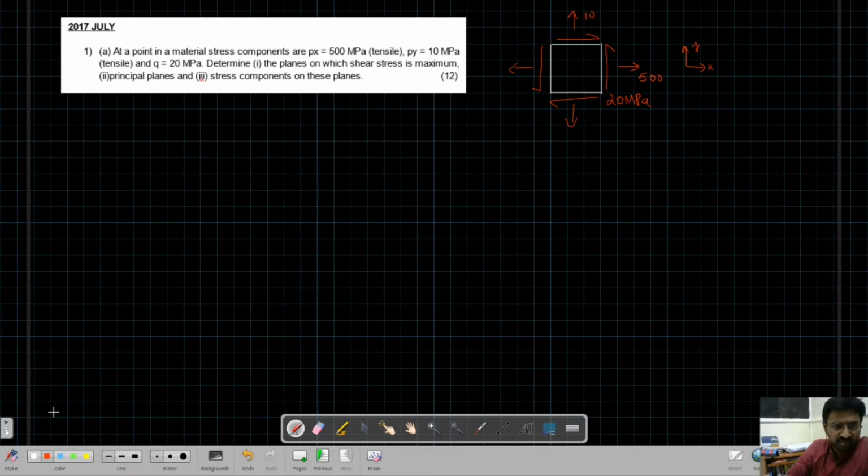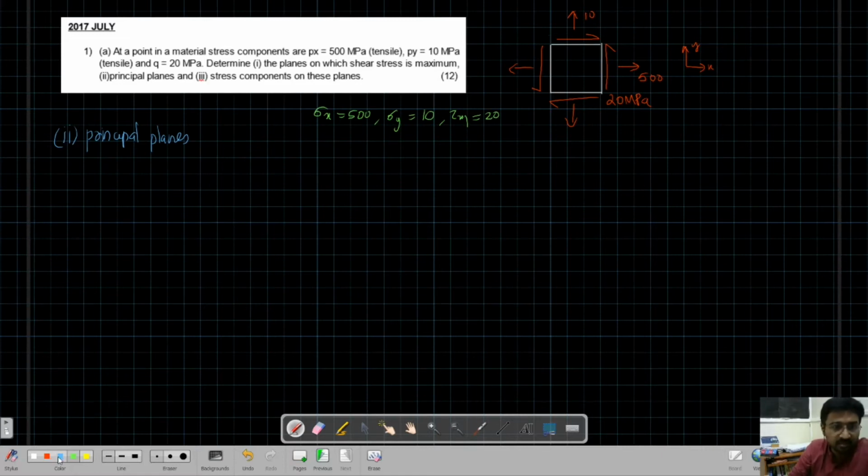So first, we'll try to solve the principal plane part. Principal planes. Okay. So what is given to us is sigma x, the value of sigma x is 500, sigma y is 10, and tau xy is 20.